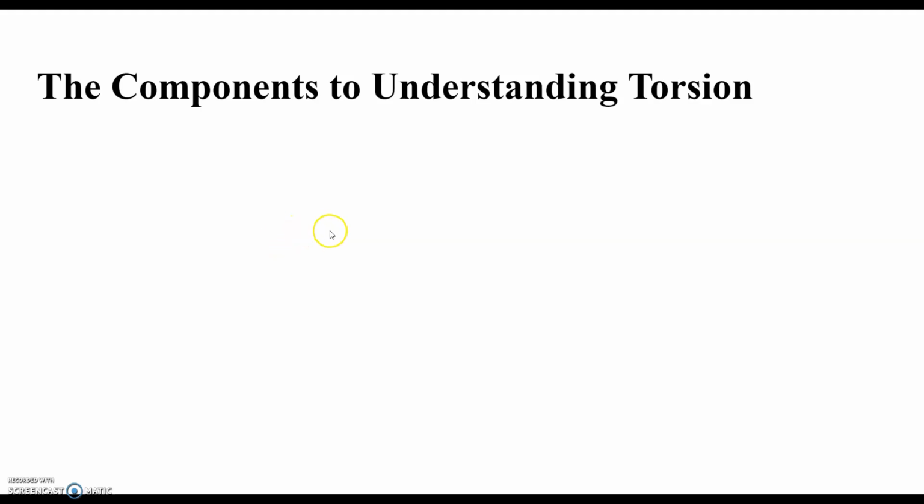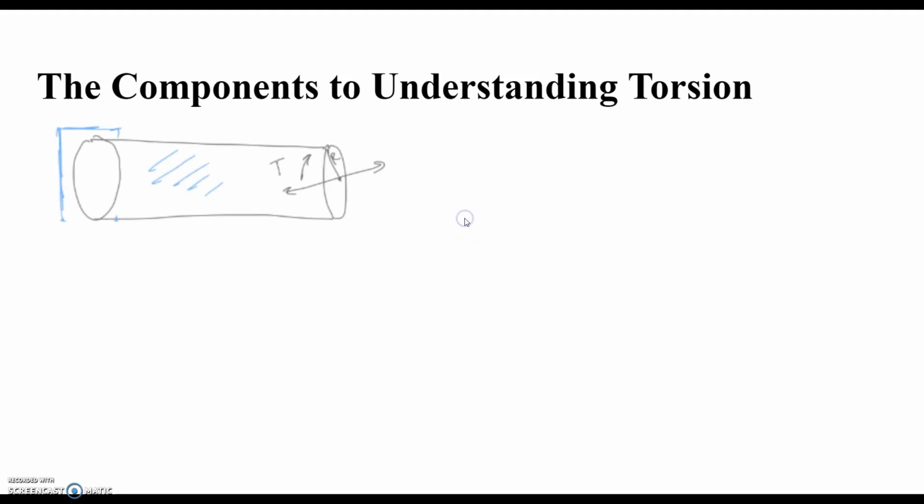Now, just some general components of understanding torsion. I'm not going to go too deep into these formulas, but I thought it'd be neat to just include these formulas for understanding. So let's say we had a rod, like before we had a block, but now it's a rod for simpler understanding. And we have this plane that goes between the rod.